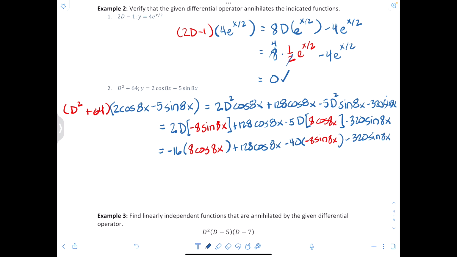Cool so far? Okay, so now this will be negative 128 cosine 8x plus 128 cosine 8x. Those will zero out.